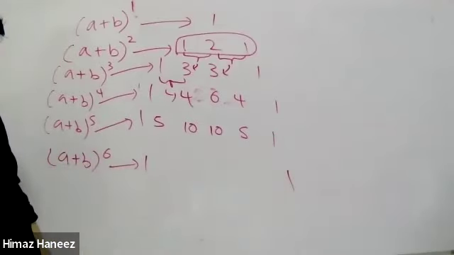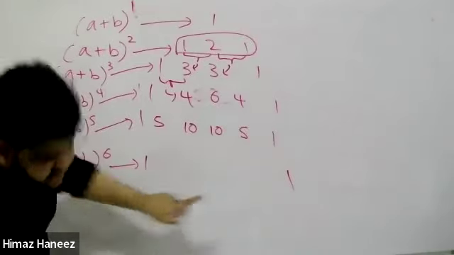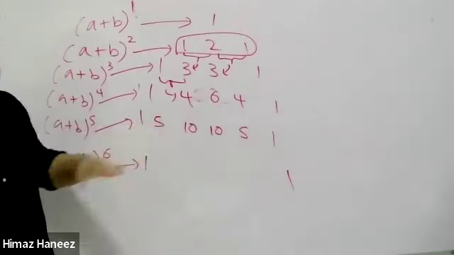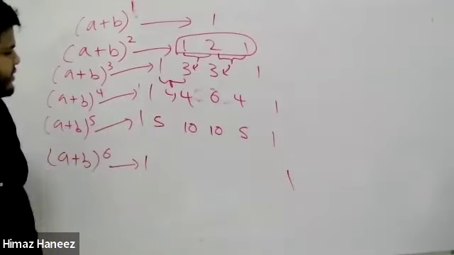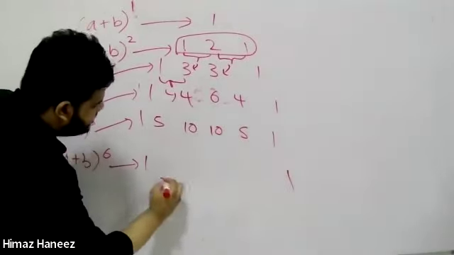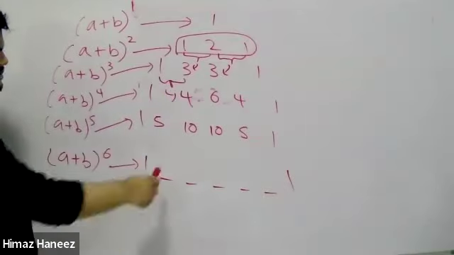Yes, 7 terms. But I already gave you 1 and 1, so there are already 2 numbers out. So how many numbers are remaining? 5. That means there are 5 numbers here.